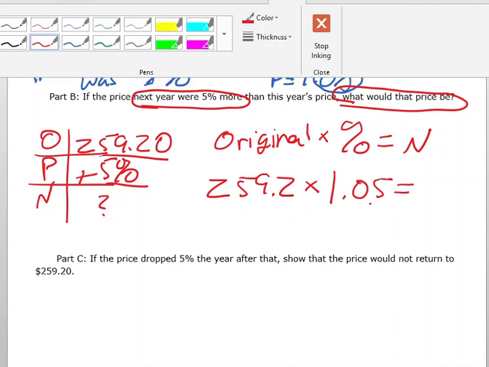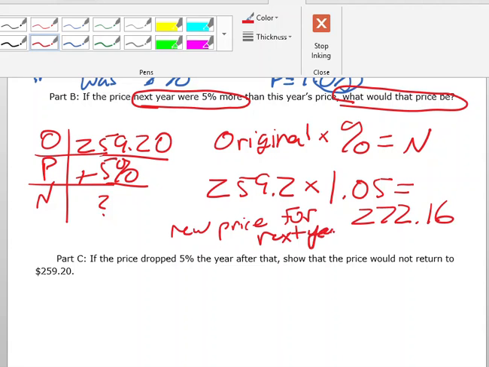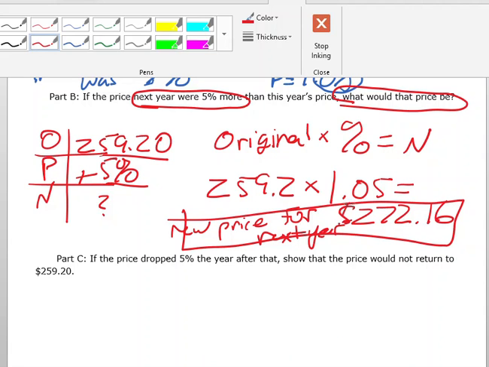Okay, and that's going to give me 272.16. So that is the new price for next year. New price for next year is $272.16. You'll do that neater than I did.